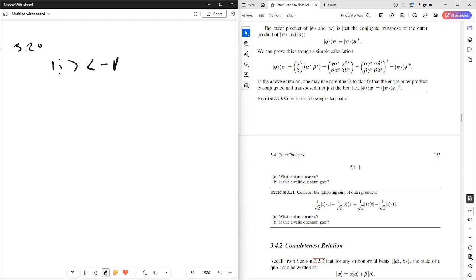So we know that I has the form, there you go.